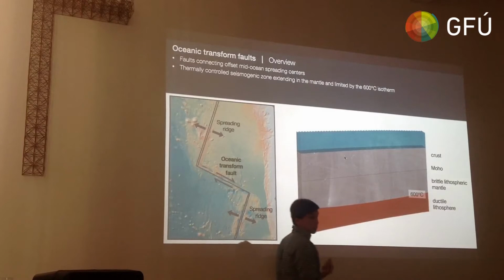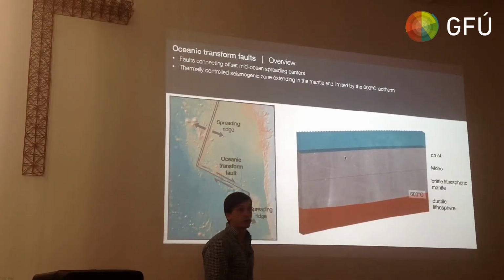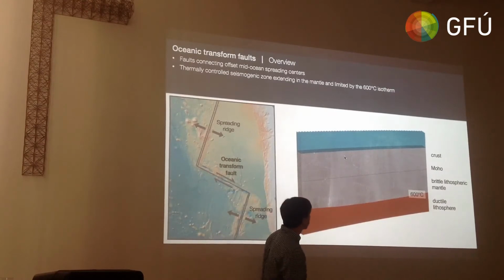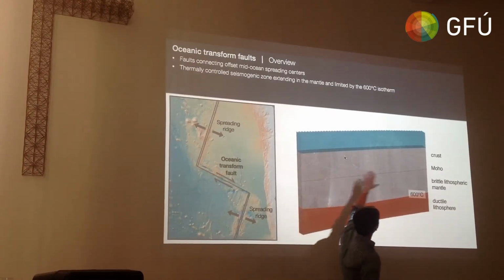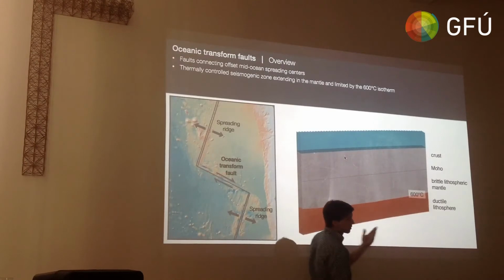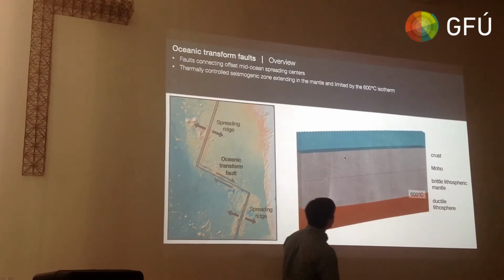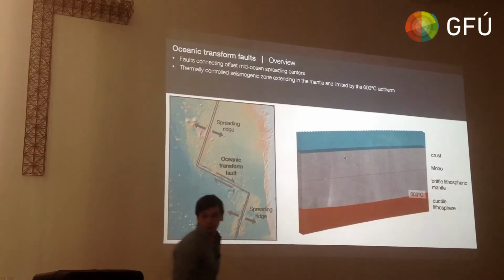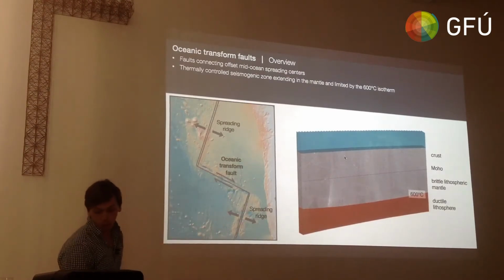So it's not that common that seismogenic faults would slip in both the crustal and mantle part, but for these faults, they do. So we have a crustal part. The crust is very thin. In oceanic crust, it's like 7 kilometers in our case. And then we have a lithospheric mantle that behaves in a brittle manner. And then at 600 degrees, we have the brittle-ductile transition, and we no longer release any slip in a seismic manner, but everything slips aseismically.